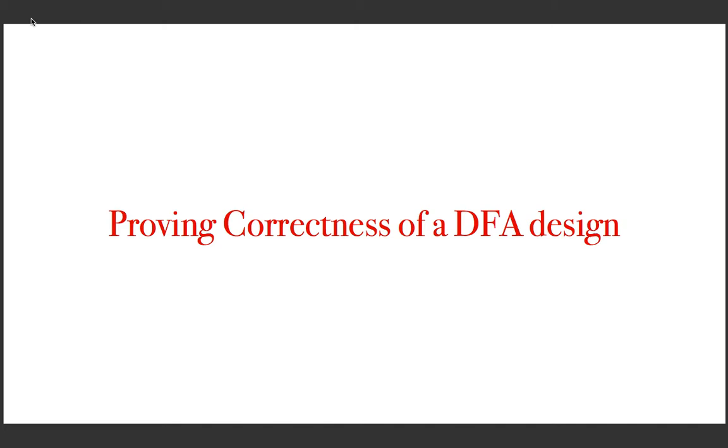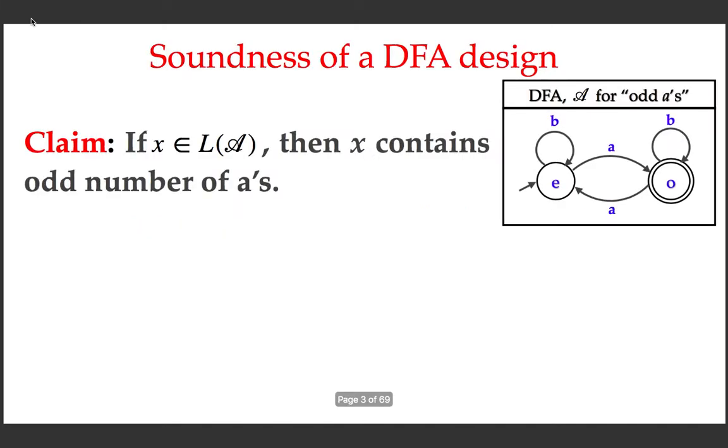If you recall, there are two parts for a correctness proof, and they are proving the soundness and completeness of a DFA design. If a DFA design is both sound and complete, then it is said to be correct. Now we are going to use the principle of mathematical induction to prove the soundness of a DFA design.